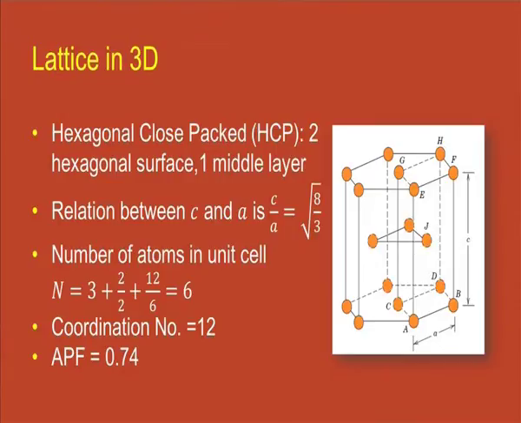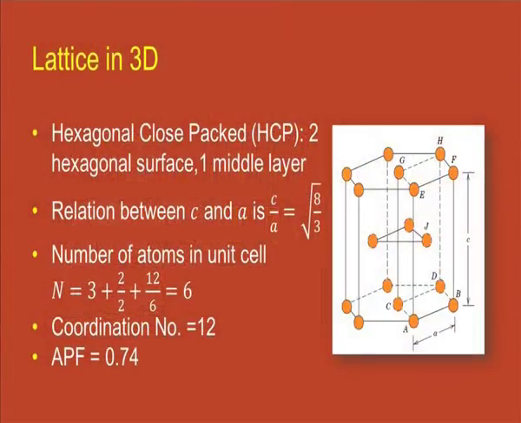And the final unit cell structure is the hexagonal close packed structure. It is a structure where 2 hexagonal planes sandwich a layer of atoms, and the separation between the 2 hexagonal planes is represented by C, and the relationship between C and the lattice constant A is C by A is equal to root over 8 by 3.